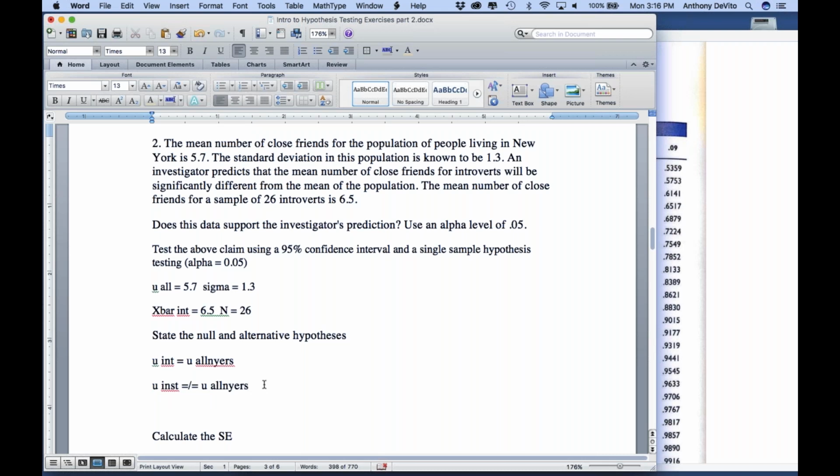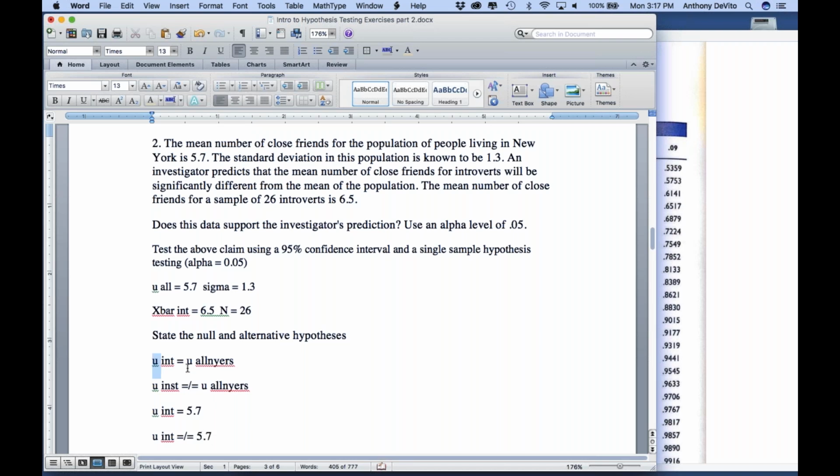Another way I could phrase this is that the mean for introverts is equal to the mean for all New Yorkers, which was equal to 5.7. And the mean for introverts is not equal to, as the alternative hypothesis, 5.7.